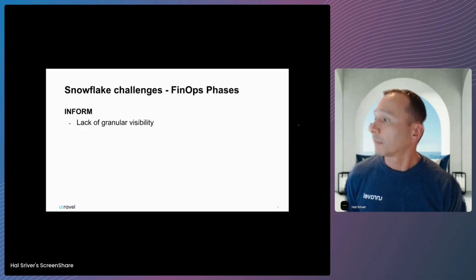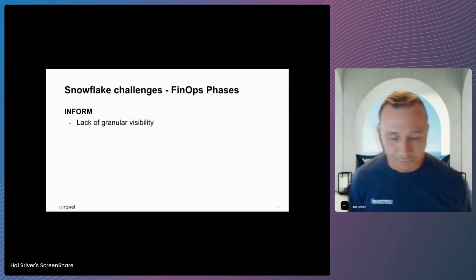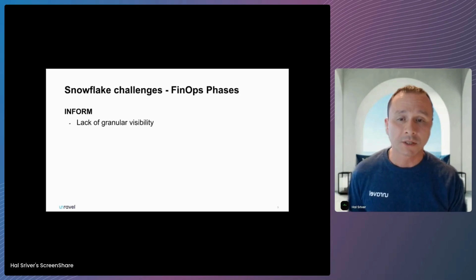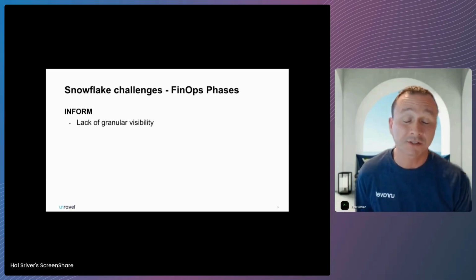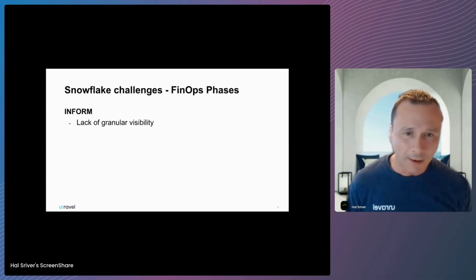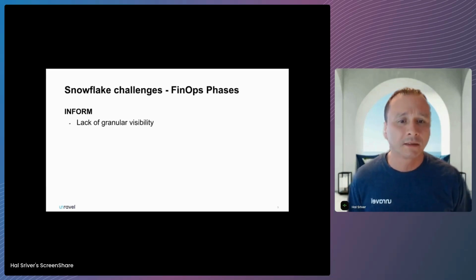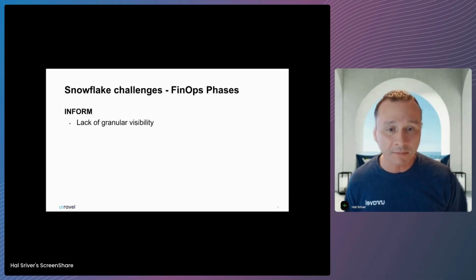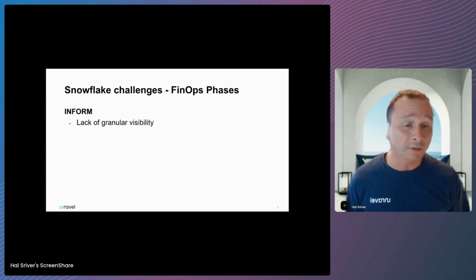So back here on the inform stage, some of the challenges that I see a lot with folks is really just a lack of granular visibility, right? It's just as simple as that. So Snowflake's credit-based billing for compute and storage and other cloud services makes it hard to map costs to specific teams or projects or your workloads.